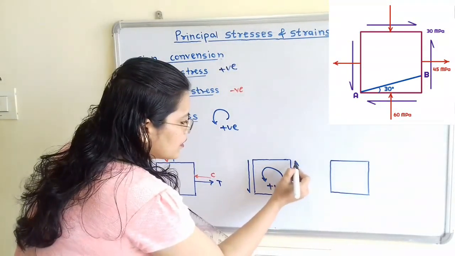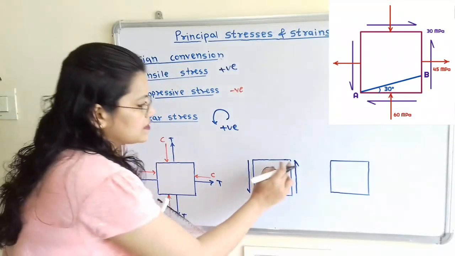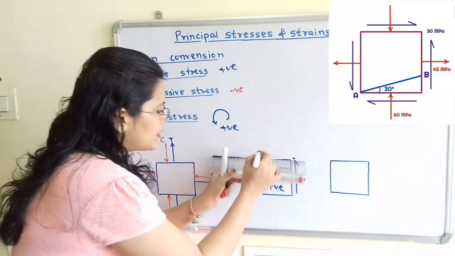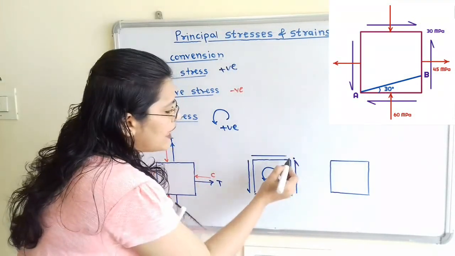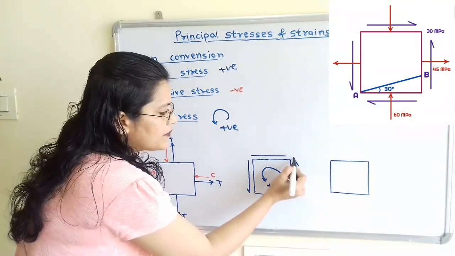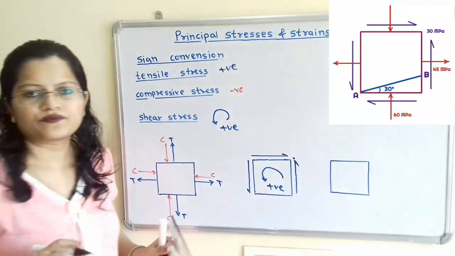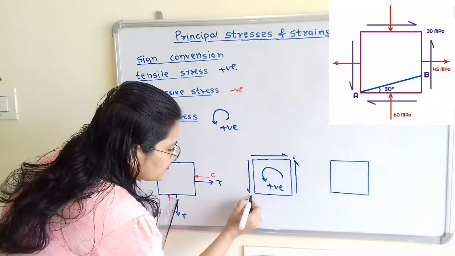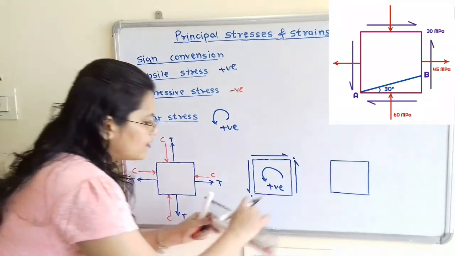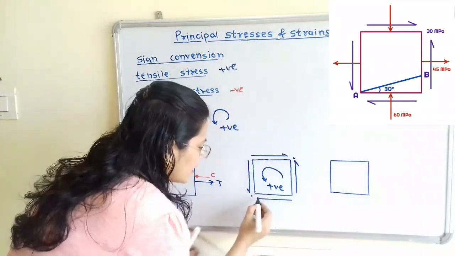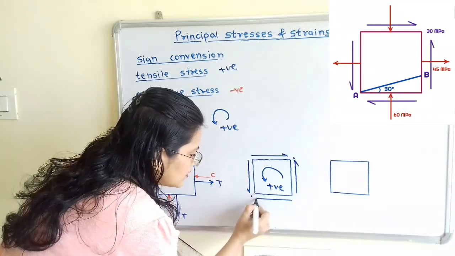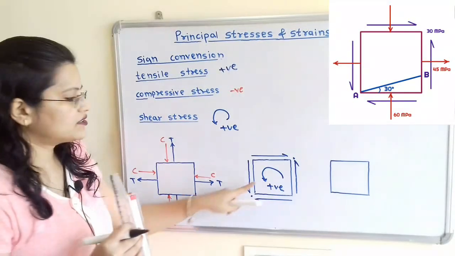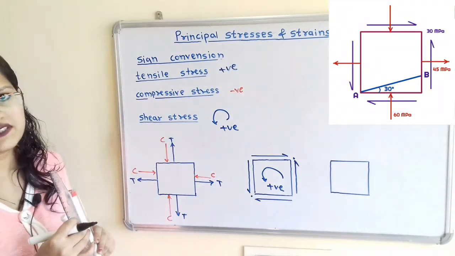If we observe, here the arrow points in the upward direction, so we have to show one horizontal line, and show the arrow that will meet this point. In the same way, for this arrow pointing here, if I draw the horizontal line, then we have to show the arrow towards this point. So this is the shear stress in anti-clockwise direction.